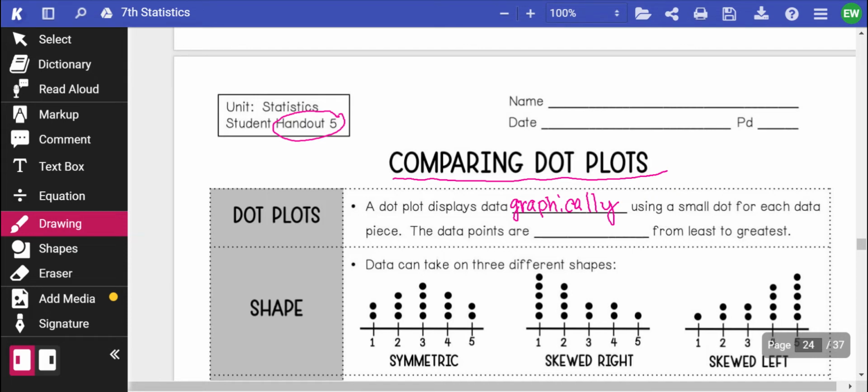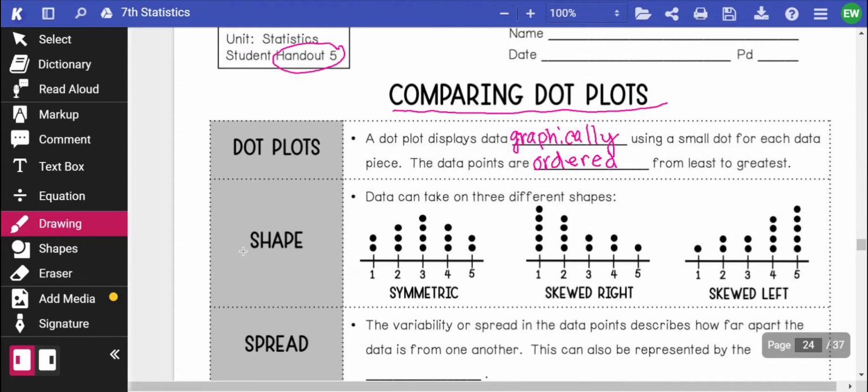The data points are ordered from least to greatest, so we're going to be working on a number line. Each data point is an actual point. As you can see, we have a number line down here, and then we have points of data.